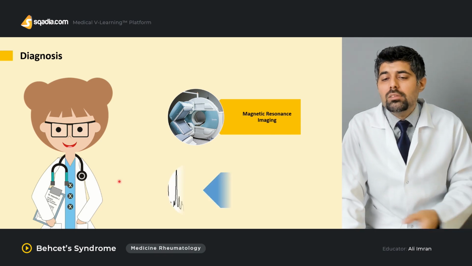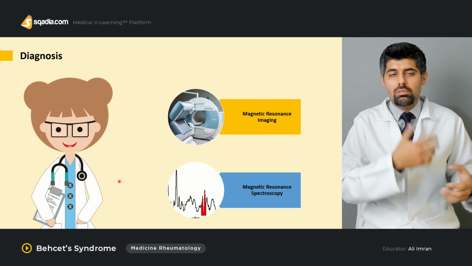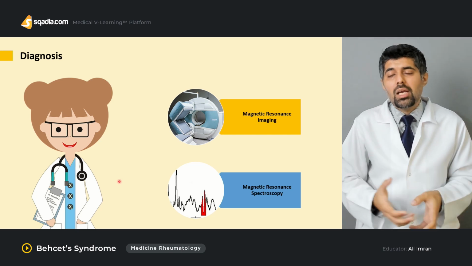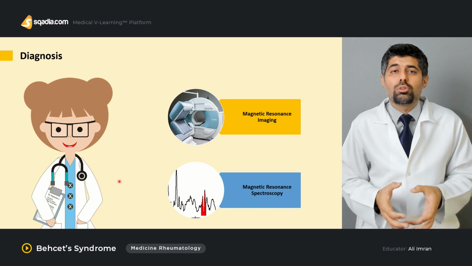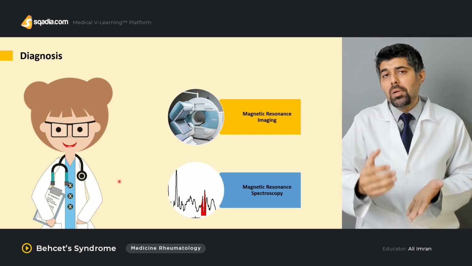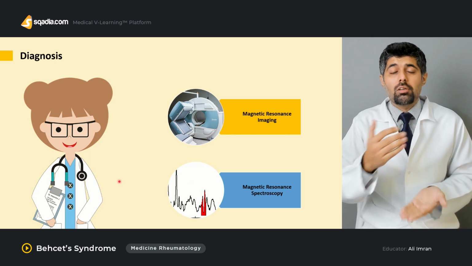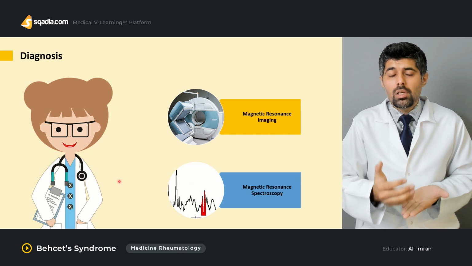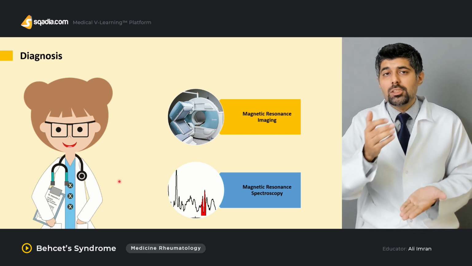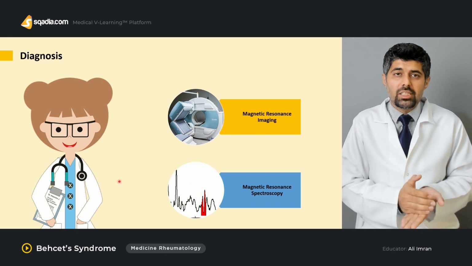But nowadays, there's another test that is taking the place of the MRI, that is magnetic resonance spectroscopy. Now, both have the same fundamental principle, that they look for the protons that are found in the water. The only difference is that in spectroscopy, we perform a localized exam.